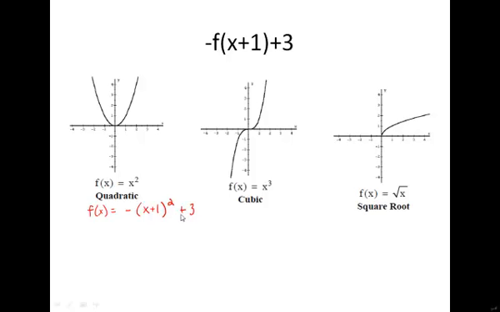So I'm going to go ahead and do my shifts first. I know that this 1 is going to bring us back, and then I'm going to go up 3. Okay, there's my new origin. So then the other thing is I've gotten that. I know the shape is going to be a parabola, but then I have to negate it.